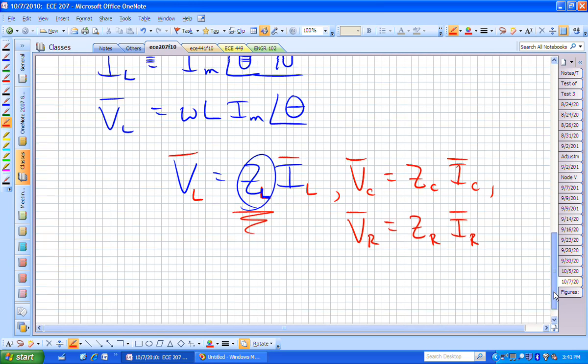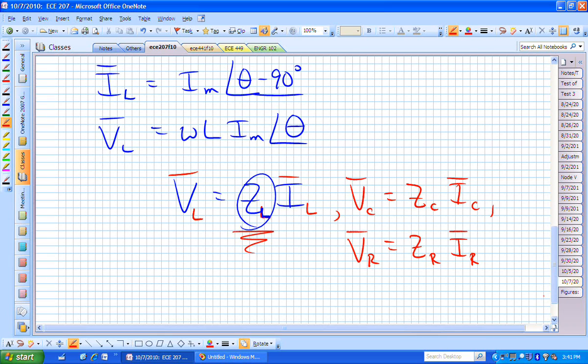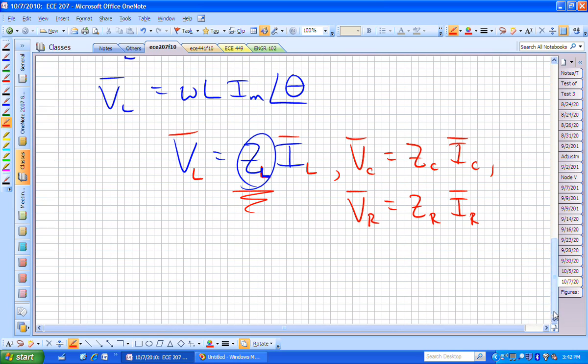Now, what we want to do initially is find this guy, that Z sub L. If this relationship holds, let's now solve that expression for Z sub L and use these phasors for voltage and current that we have already determined exist in terms of they are related to the inductor in that way. Meaning, now we can say that Z sub L is this ratio of the voltage of the inductor divided by the current of the inductor.